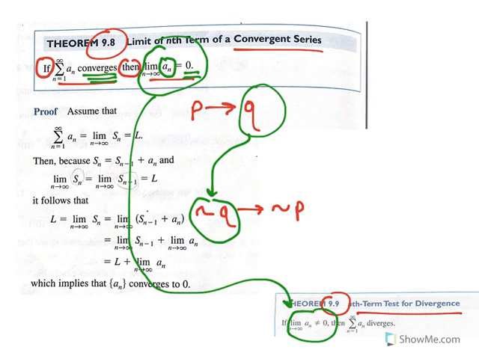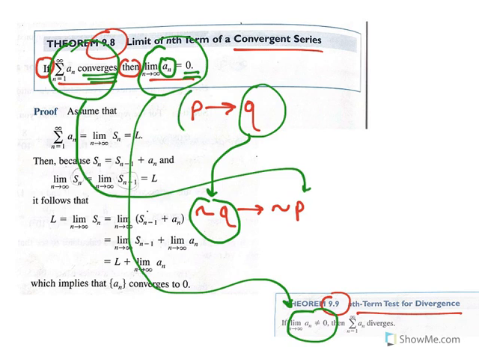So if the limit of the nth term as n approaches infinity is not equal to 0, then our series would diverge, which would be the negation of the hypothesis from theorem 9.8.